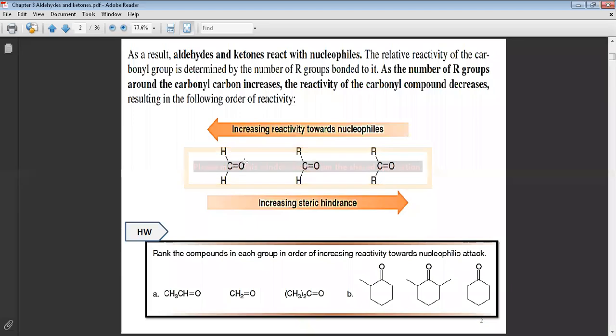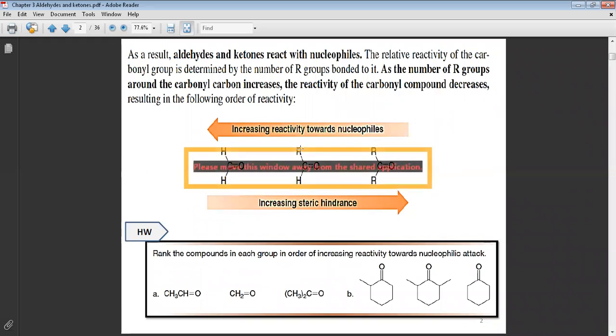Look here, we have formalin with hydrogens, then R and hydrogen, which is less reactive, and this is R R for the ketone. From right to left, reactivity toward nucleophiles increases. That means this is more reactive and this is less reactive.